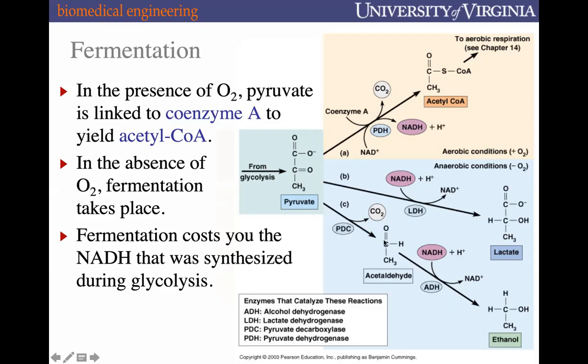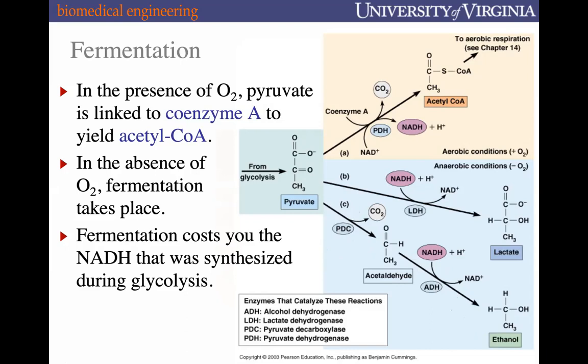For those of you who enjoy making your own beer or consuming beer or other forms of alcohol, this is the pathway by which ethanol is produced. We, as eukaryotes, do not possess pyruvate decarboxylase. So the fermentation process that our cells use is lactate fermentation.